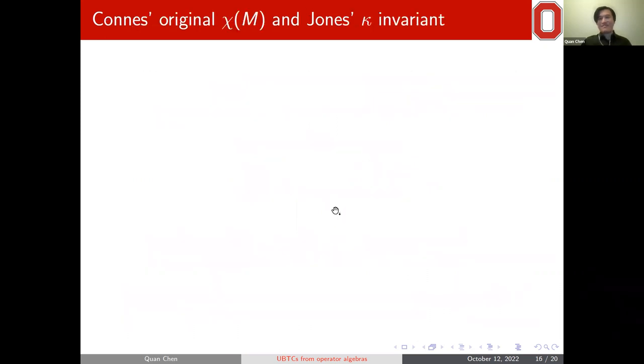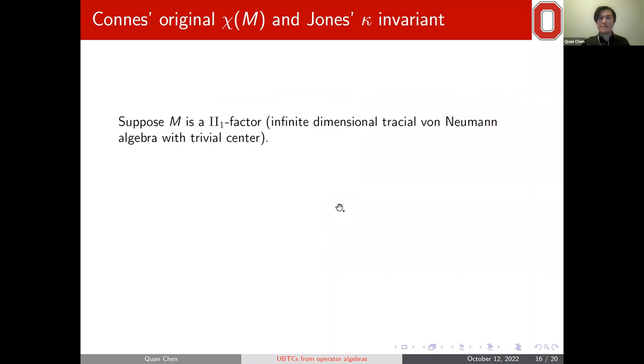Okay, let's carry on. We get this idea from Connes' original work. Maybe many people here are not familiar with von Neumann algebras, so it doesn't matter, I'm not going to talk too much about that. Suppose M is a II_1 factor, which means it's an infinite dimensional von Neumann algebra with trivial center.